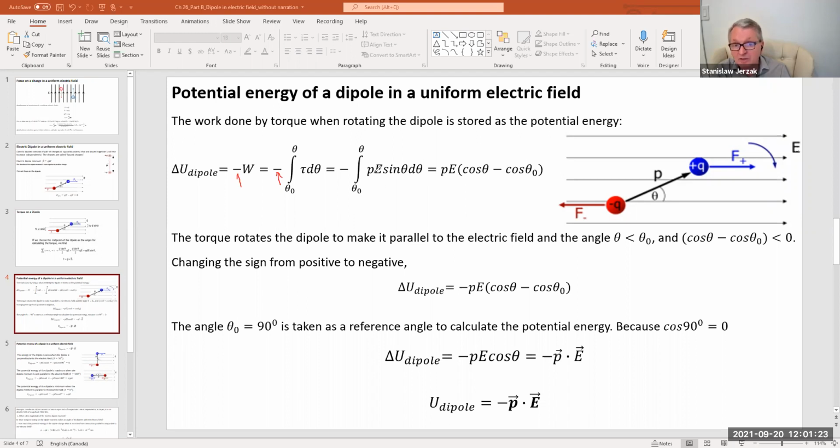P is constant, E is constant, uniform in space, so I can take P and E in front of the integral, and then the integral of sine is actually negative cosine, right? So this negative and the negative sign give me plus. Then I substitute the upper limit cosine theta minus the lower limit. So the total change of potential energy is given by this expression: PE times cosine theta minus cosine theta naught.